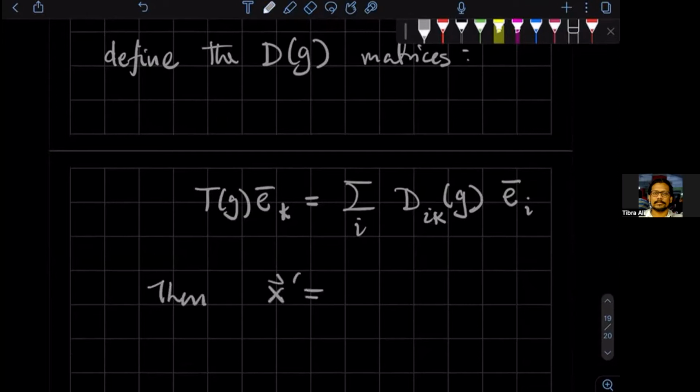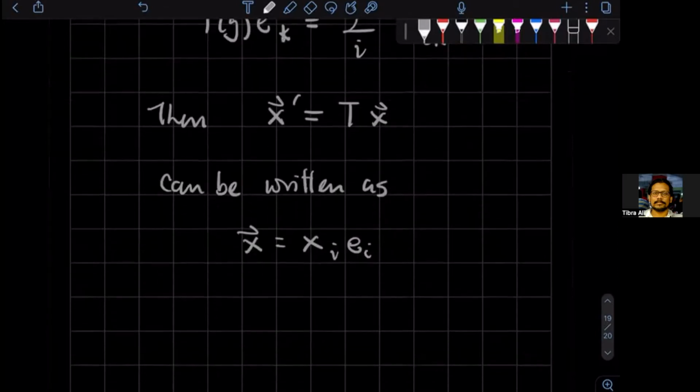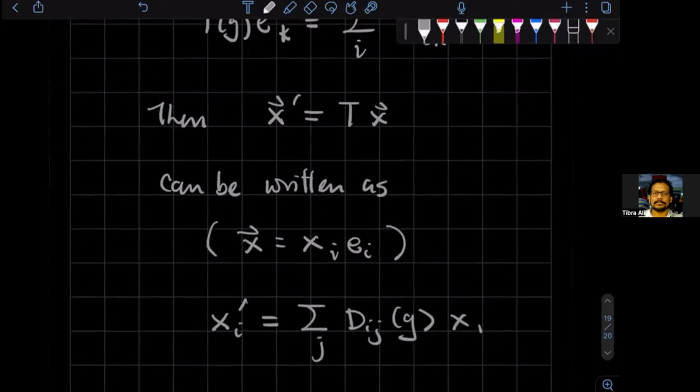this equation X' = T(G) X can be written as: if X is, say, Xi times Ei, then this equation becomes Xi prime equals the sum over j of D of ij, which is a function of G, times Xj.